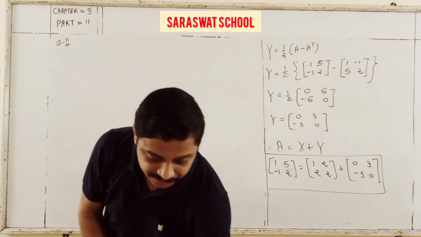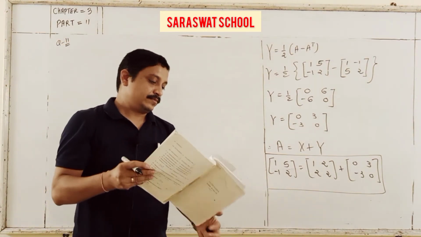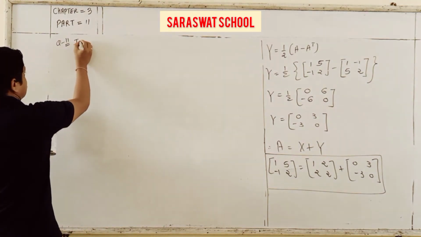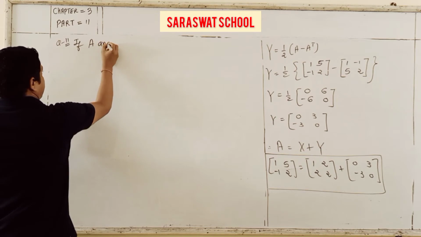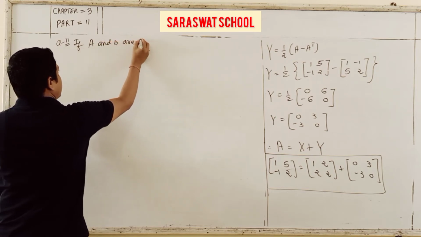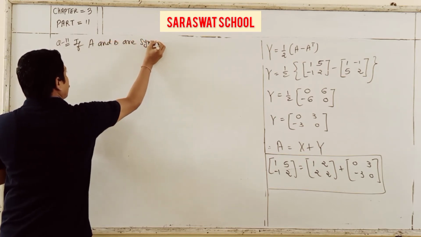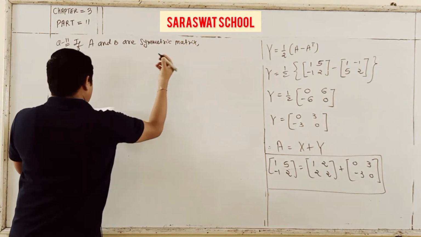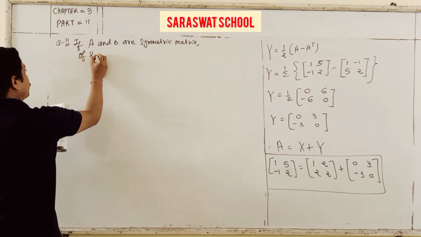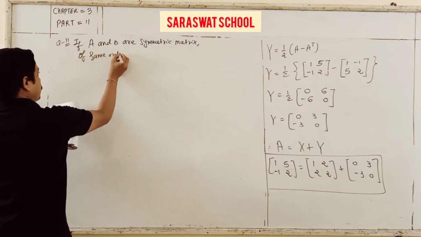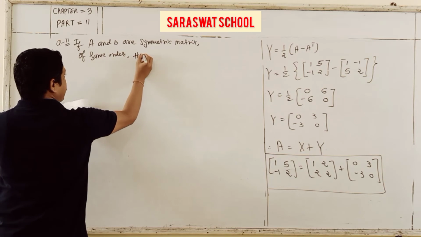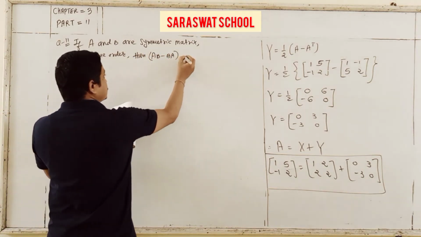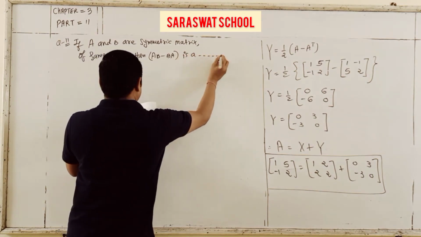So in the given matrix, A and B are symmetric matrices of the same order, and then AB minus BA is dash dash dash.